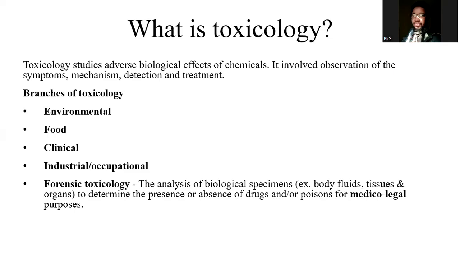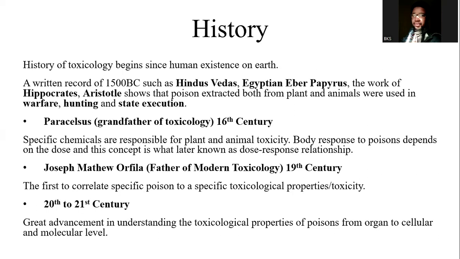And then we talked about branches of toxicology down to forensic toxicology, and we clearly mentioned why forensic toxicology, what the aims are, and what is expected of you as a forensic toxicologist or somebody who passed through this course. How do you apply forensic toxicology in your specialization?